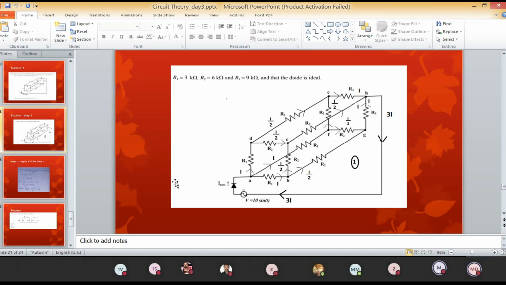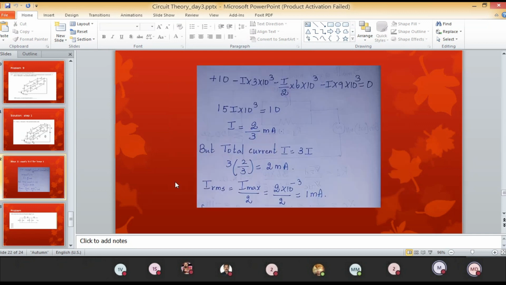The diode is ideal, which means you don't have any power loss, so the heat dissipation is ideally 0. And IRMS is I max by 2 here, which is 1 milliamp. For an average, you have to divide by root 2; for the maximum, you have to divide by 2.